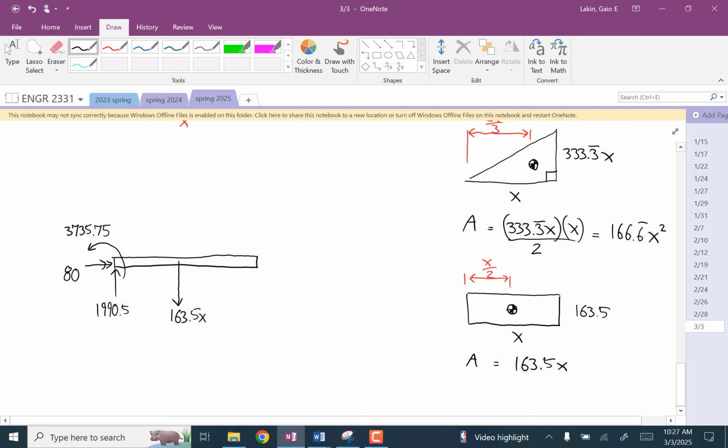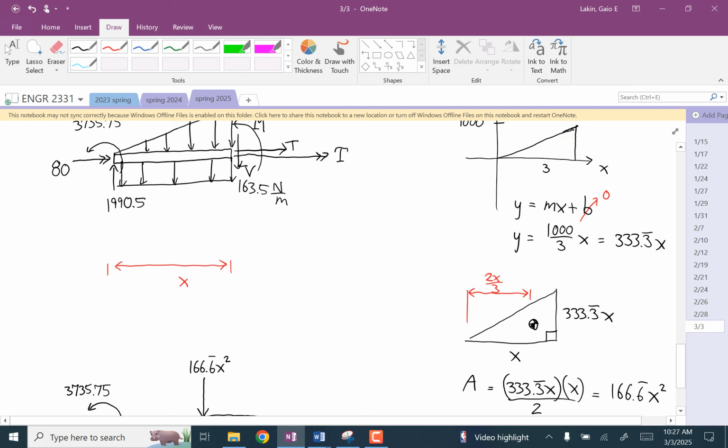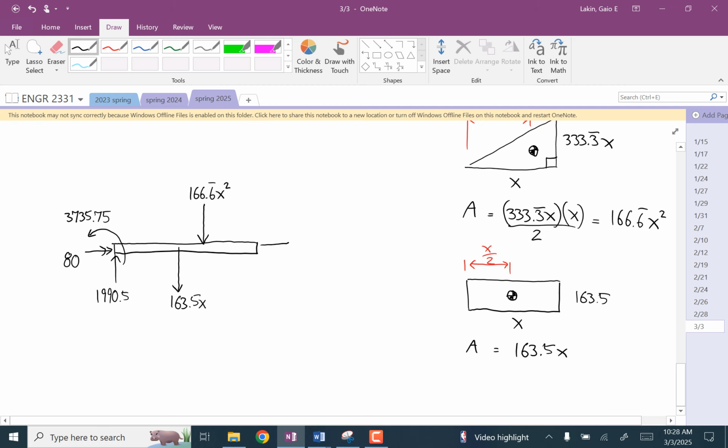Then at 2/3 of the length, we have this downward force of 166.6 repeating x squared. And then we have the internal loads T, V, M, and fancy T. Any questions about that?